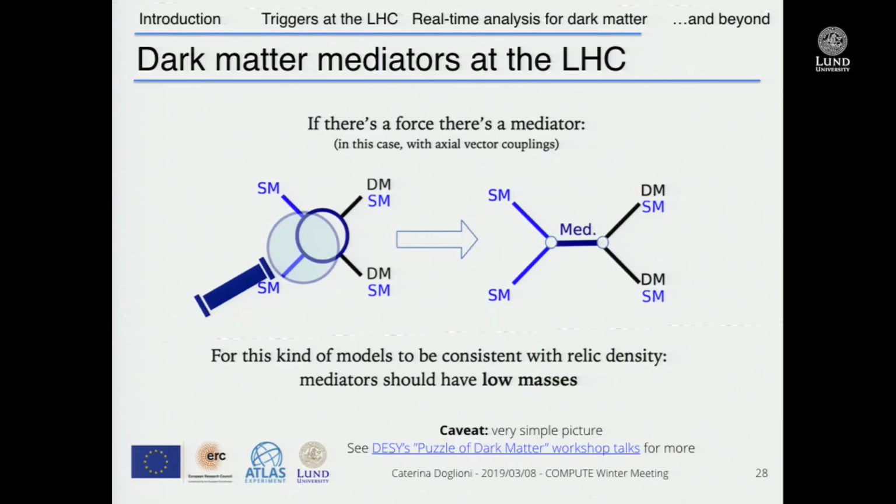We go into a simple hypothesis, hoping that, like in the standard model, where we found the most common particles first, so that the electron was discovered first, and that's part of everyday life, we could find the most dominant components of dark matter first, or particles related to this. Thinking about the force, if there's a force, there's usually a particle that mediates that force, and that's the mediator.